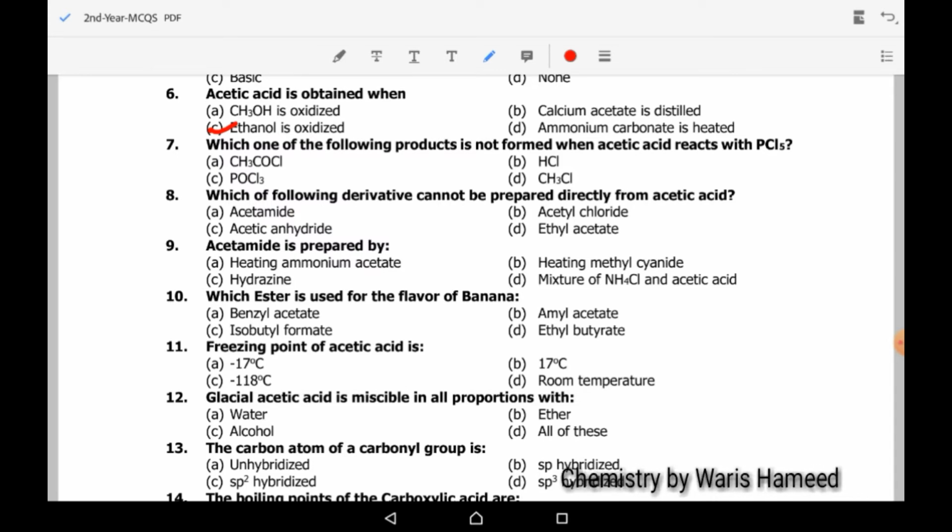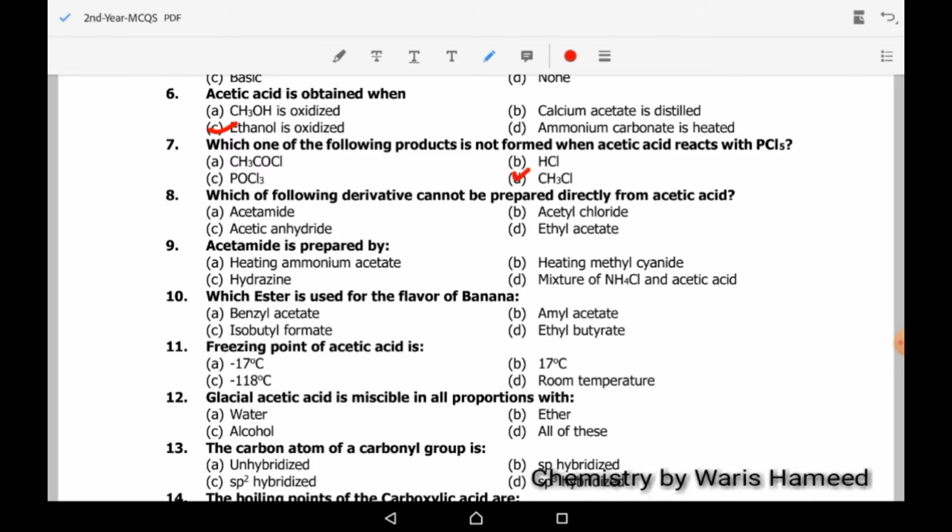Seventh MCQ: which one of the following products is not formed when acetic acid reacts with PCl5? Which product will not form by this reaction? CH3Cl will not form during this chemical reaction. So the correct option is CH3Cl.